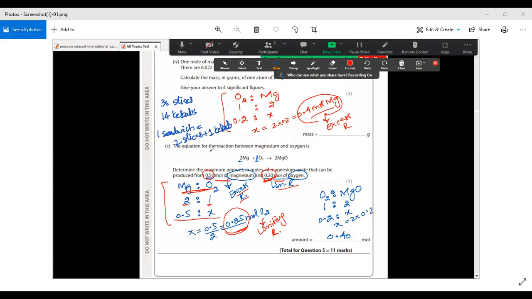So how many sandwiches would you be able to make? 14 sandwiches. And what would you still be left with? You'd be left with 2 slices.